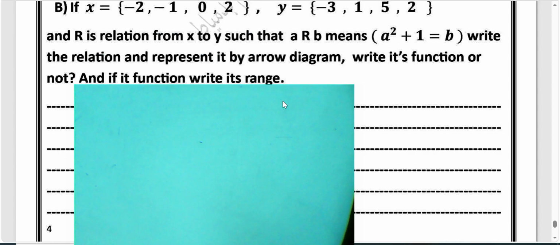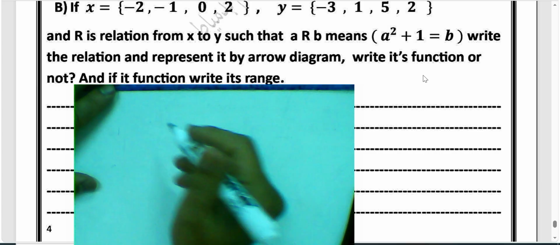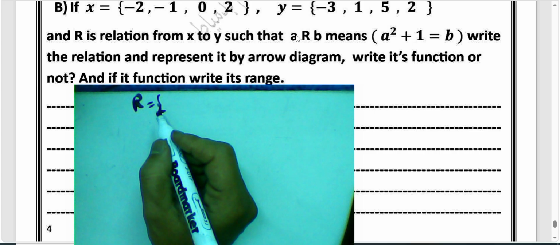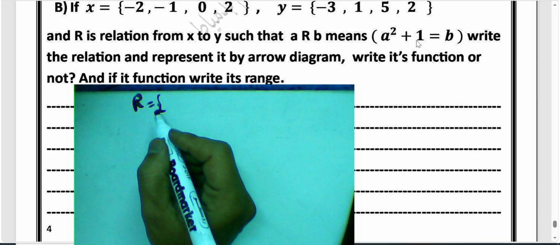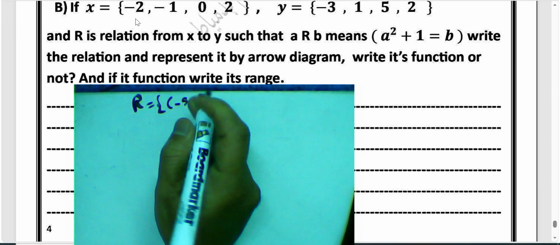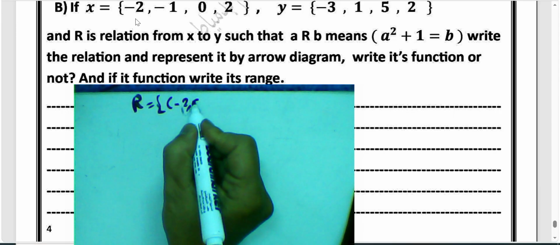we have x and y with the relation between them: x power 2 plus 1 equal y. You can write the relation here. Look at here, the value of x negative 2, negative 2 power 2 is 4, 4 plus 1 is 5. Then the image of negative 2 will be 5. Negative 2 and 5.